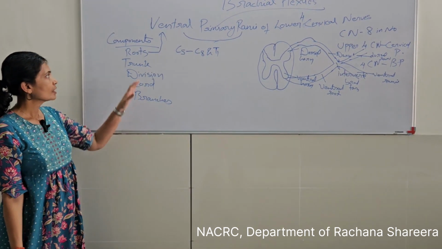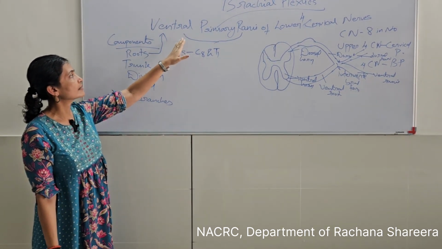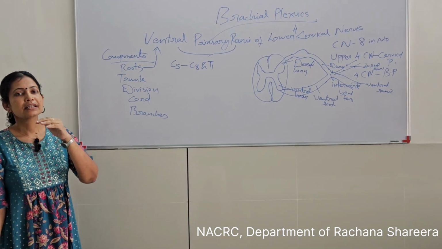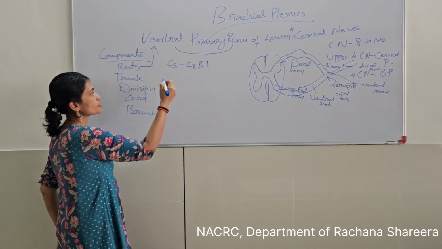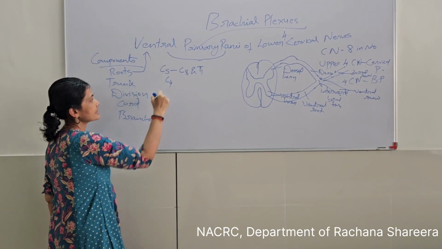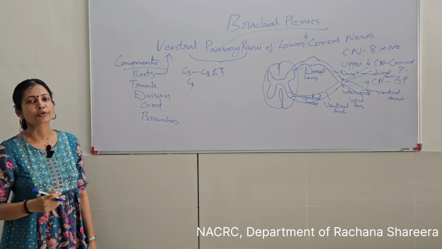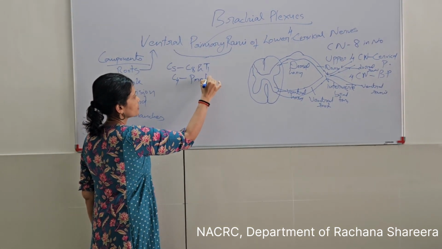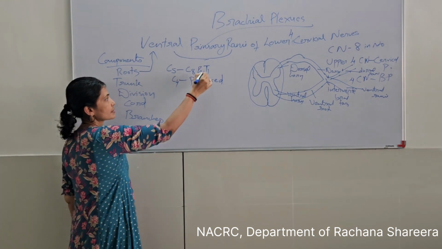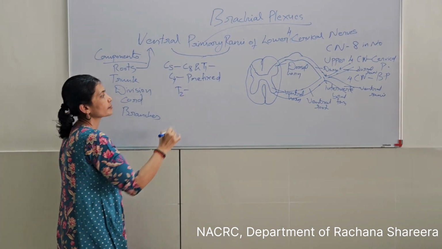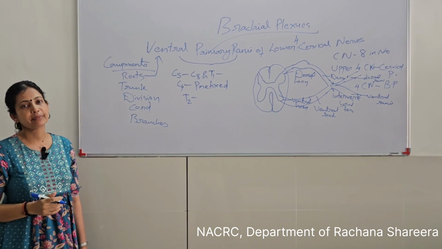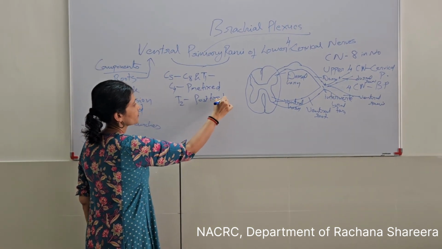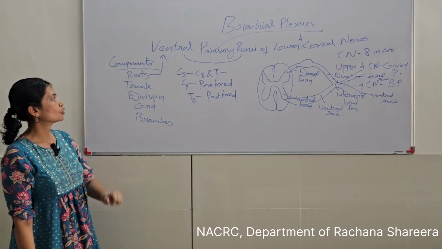So C5 to C8 ventral rami form the root. Sometimes the upper root may also contribute, for example C4 takes part in the formation of the brachial plexus. Then we call it prefixed. And sometimes T2 may take part in the formation of the brachial plexus. Then we call it postfixed. So that is regarding the root.